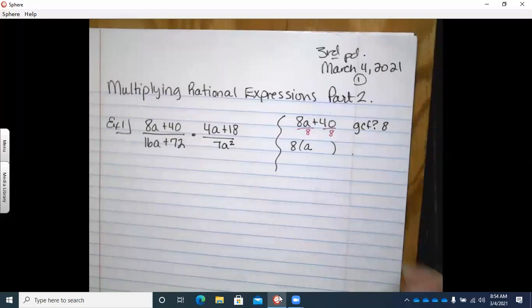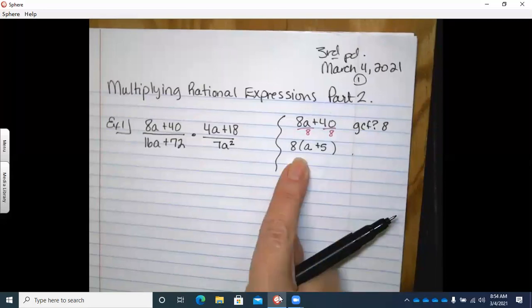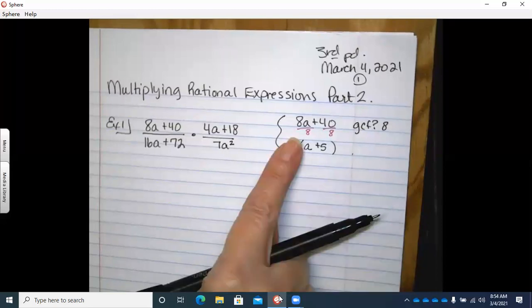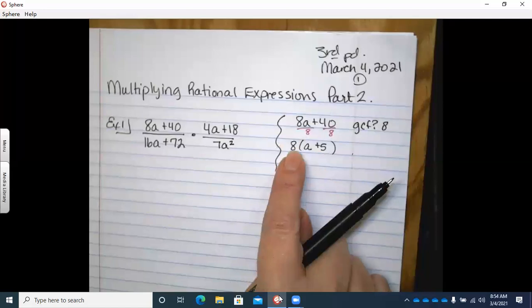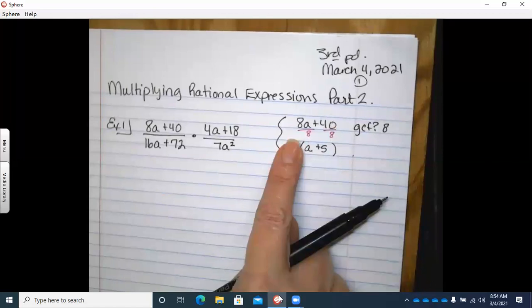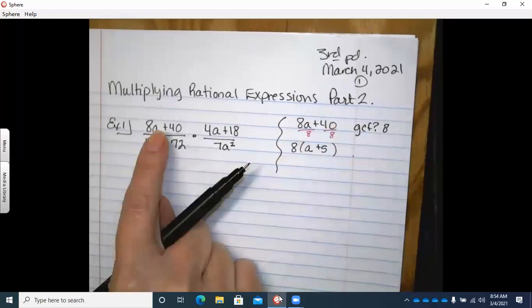Positive 5. Now look, what I have left here should be equivalent to what I started with. It's just written in a different form. If you don't put that 8 there, is a plus 5 equivalent to 8a plus 40? No. But if you leave the 8 and distribute, 8 times a is 8a, 8 times 5 is 40, right? They're equivalent. If you don't put the 8, you messed it up. So when I rewrite this, I'm going to rewrite 8a plus 40 in factored form, but I'll come back to it.